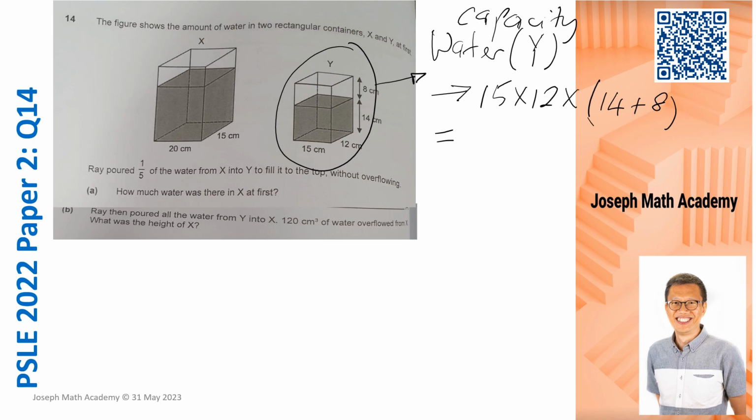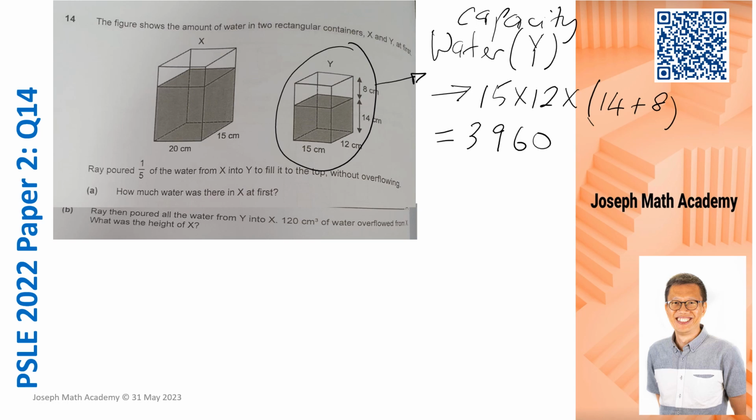So we are now finding the capacity of container Y. When Y is fully filled with water, we take volume to be length times breadth times combined height, 15 times 12 times 22. When you multiply this together, we should get 3,960.